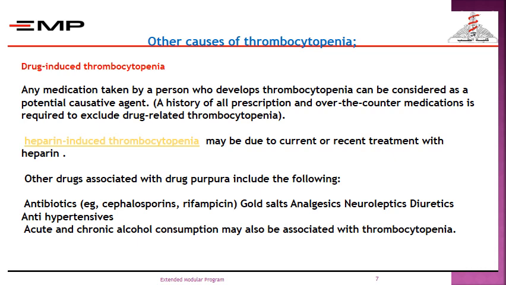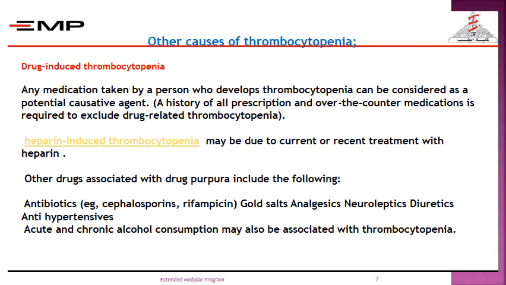Heparin-induced thrombocytopenia is a special entity. It may be due to current or recent treatment with heparin. Other drugs associated with thrombocytopenia may be antibiotics, like cephalosporins, rifampicin, gold salts, analgesics, neuroleptics, diuretics, antihypertensives.